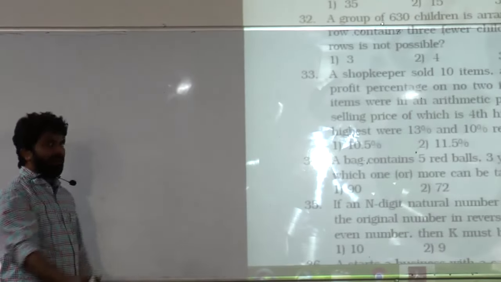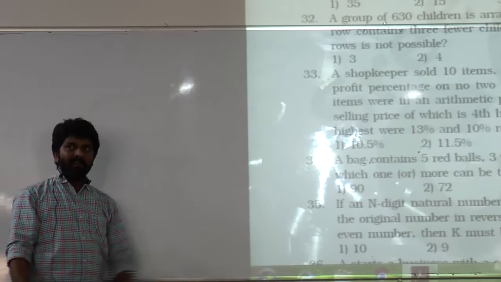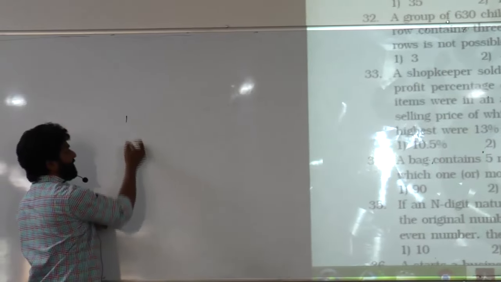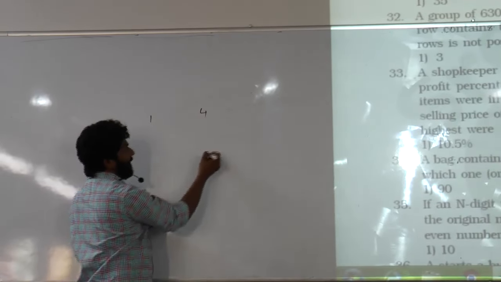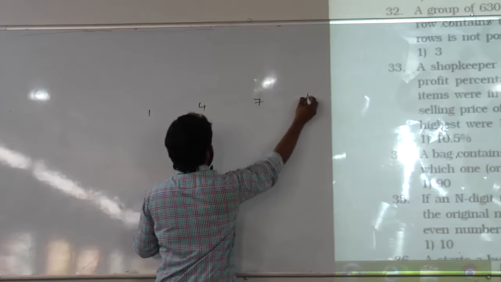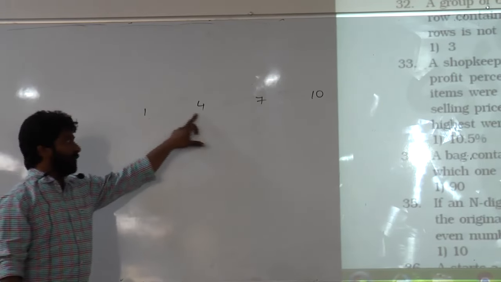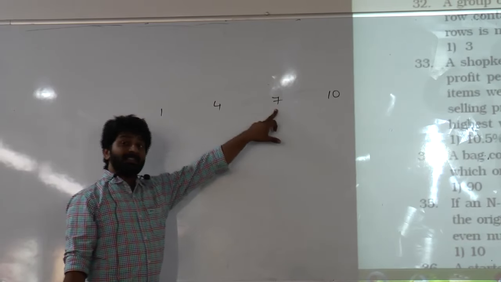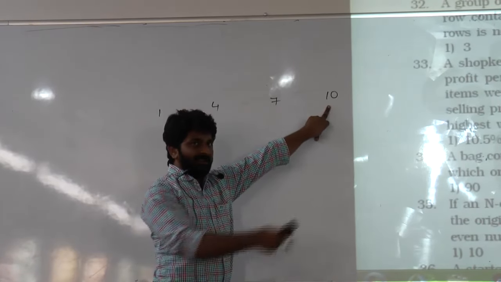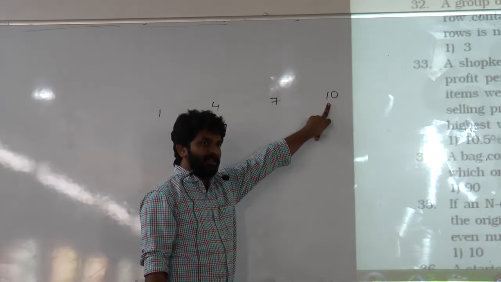If you arrange them in descending order, first place, fourth place, seventh place, 10th place: the highest selling price, fourth highest selling price, seventh highest selling price, and then the least selling price.